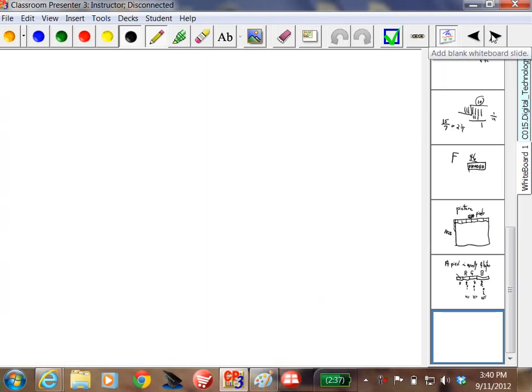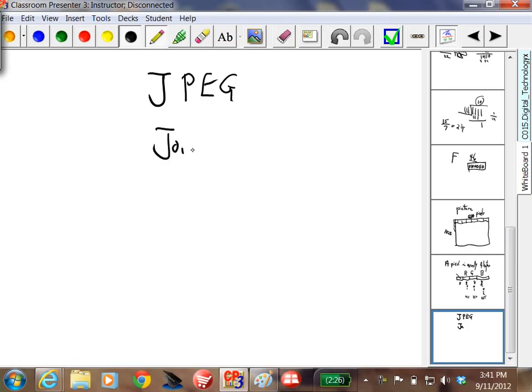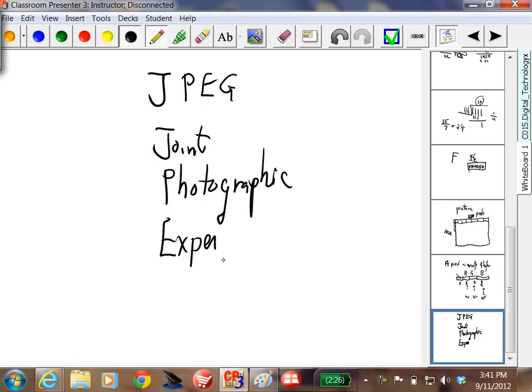What does JPEG mean? That stands for the Joint Photographic Experts Group.